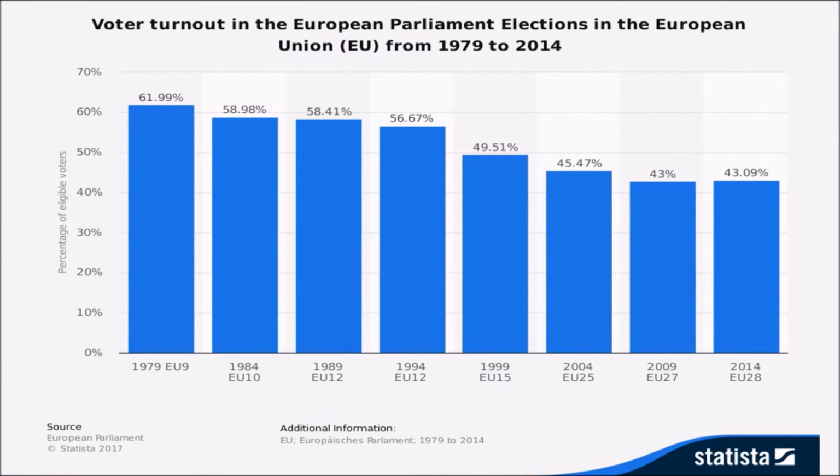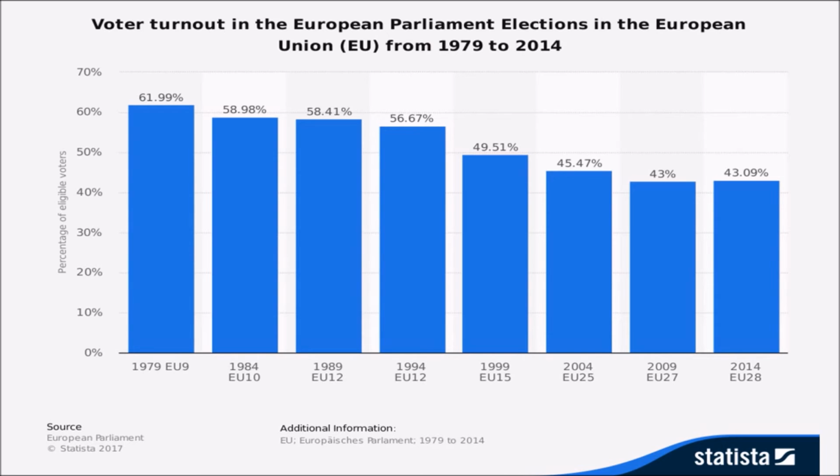So here is the chart that describes voter turnout in the European Parliament elections in the European Union from 1959 to 2040, and as we can see, the latest election, 2014, was recorded as the lowest ever voter turnout in the history since the EP started direct elections.